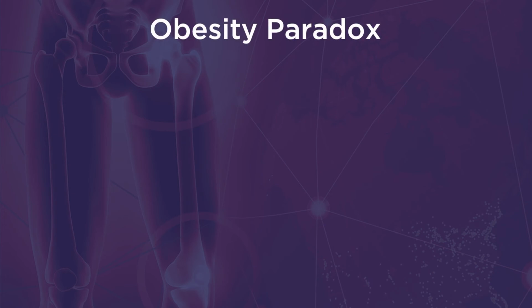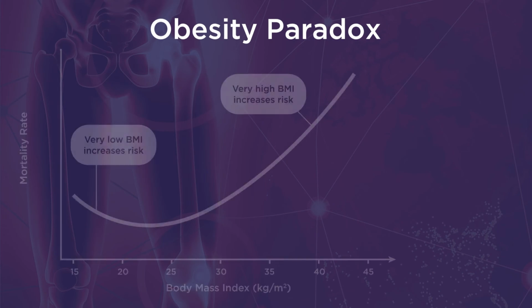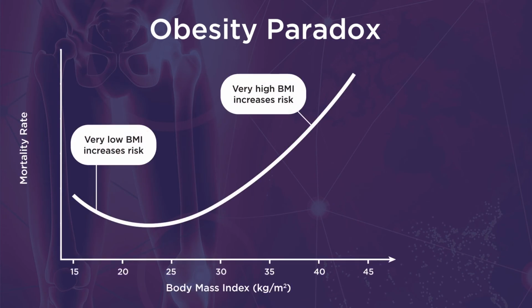An example of selection bias in orthopedic research is the obesity paradox. Even though obesity is associated with an increased mortality risk in the general population, overweight and obese arthroplasty patients do not necessarily have a higher mortality risk compared to their normal weight counterparts. Why is that? The answer resides in the fact that obesity is associated with numerous adverse health outcomes and a higher mortality in the general population.